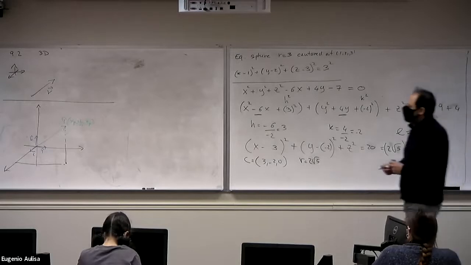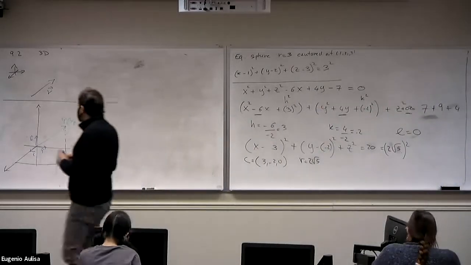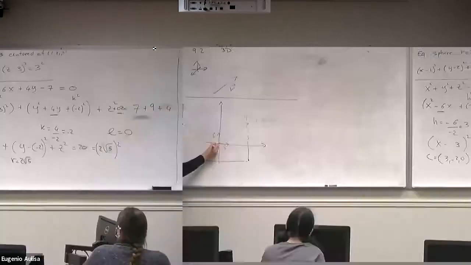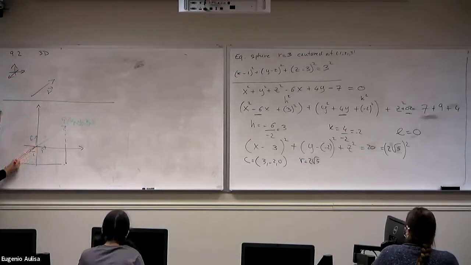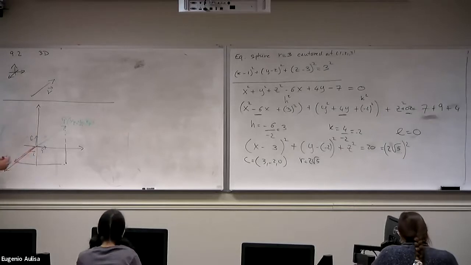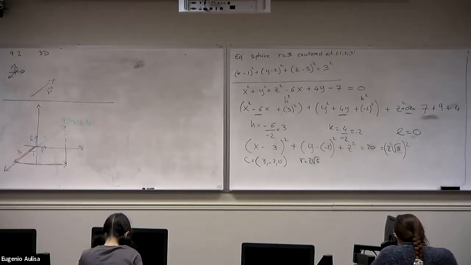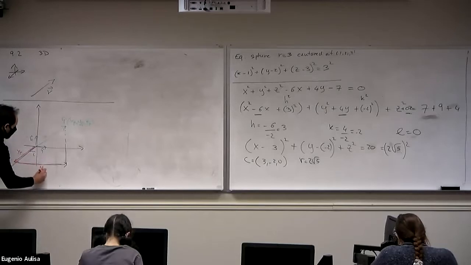I'm starting from the origin, and I'm going to have a vector parallel to the x-axis with length xp. Then from this point, I'm going to add a vector parallel to the y-axis with length yp.